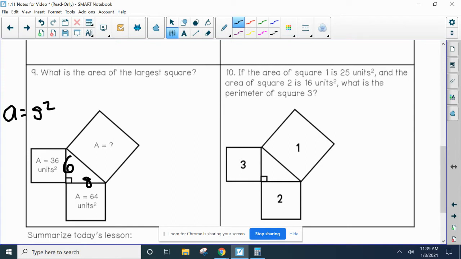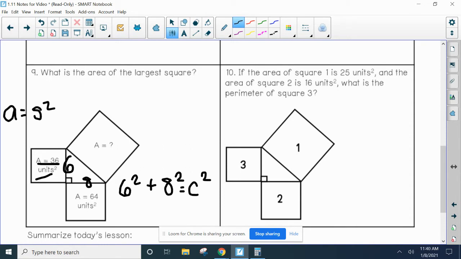Well, we're going to have to turn it back into squared anyways, but just in case, we know this is the area. We're not trying to square the area. We know that our Pythagorean theorem is side squared plus side squared equals side squared.